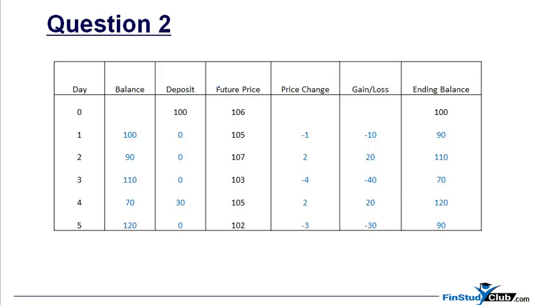It was 106, and by the time we are taking stock of loss or gains, the price is 102. So there's a decline of $4. $4 into 10 contracts makes it $40. So $40 will be the cumulative loss.